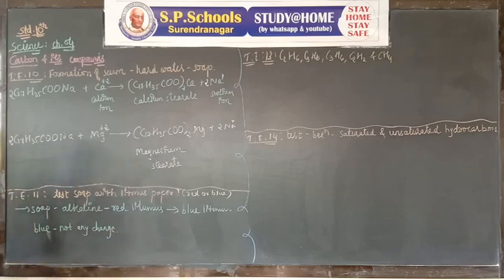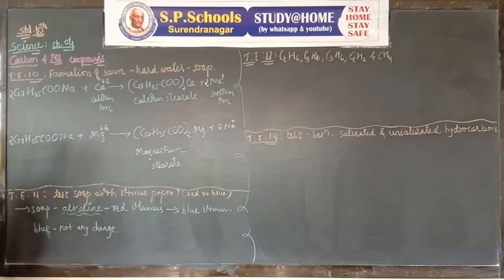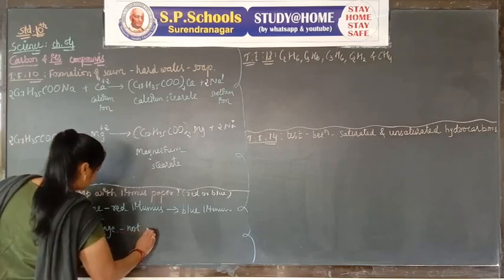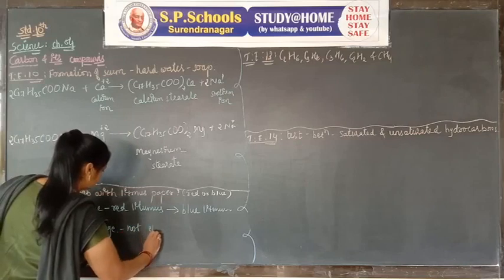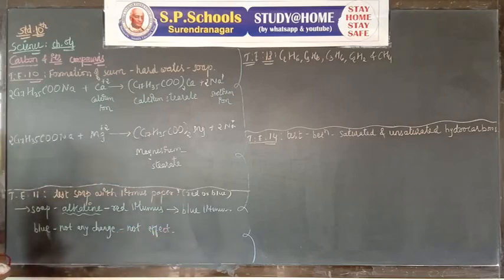According to chapter 2, because of its alkaline nature, soap converts red litmus into blue, but it does not affect blue litmus paper.